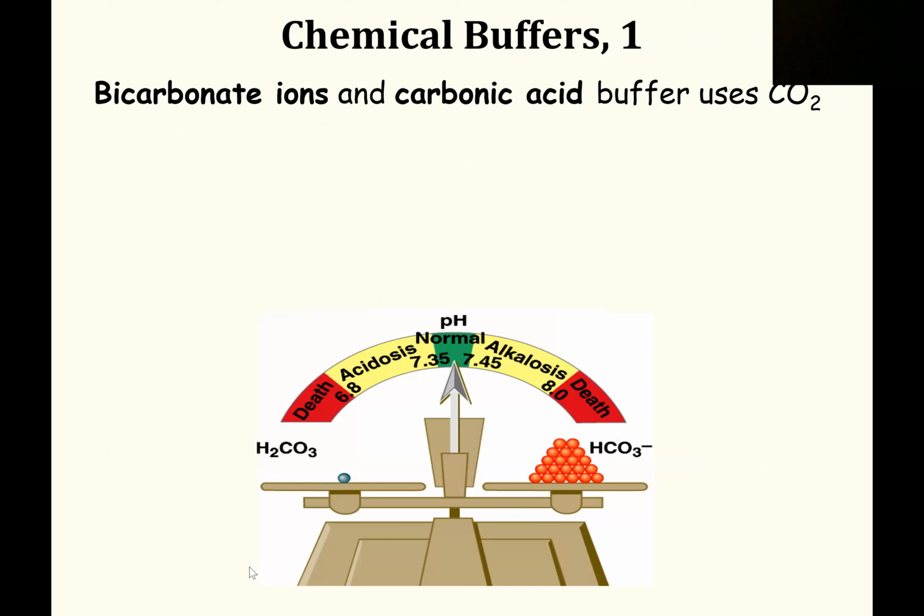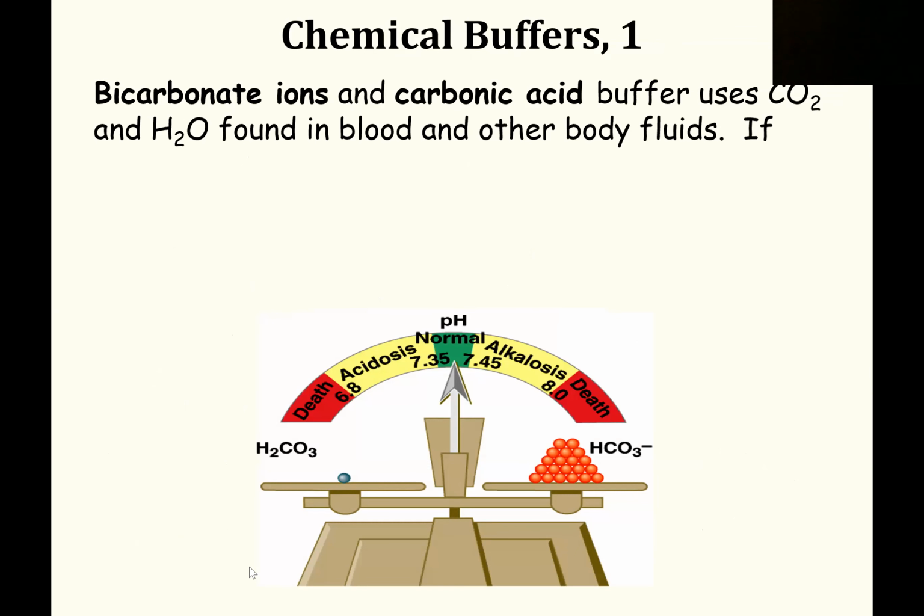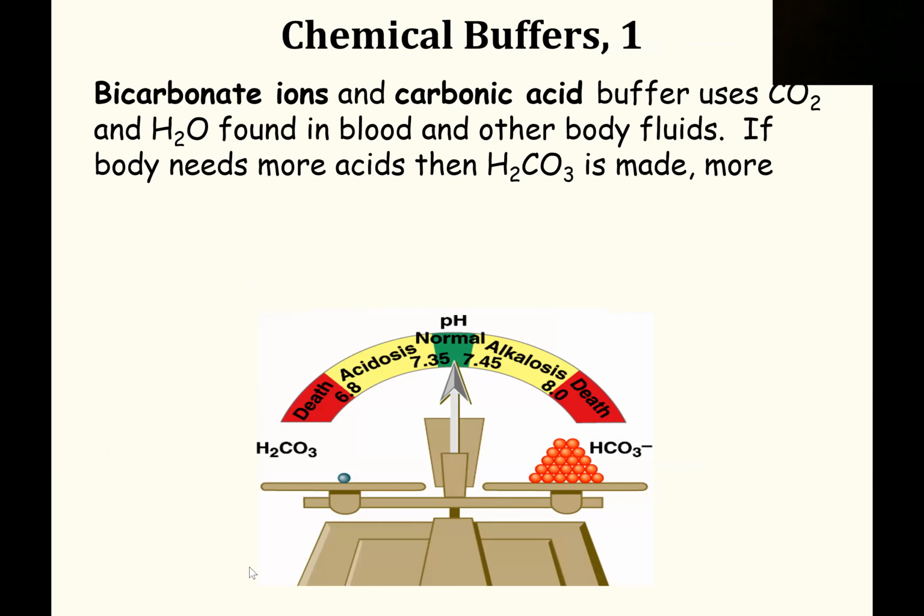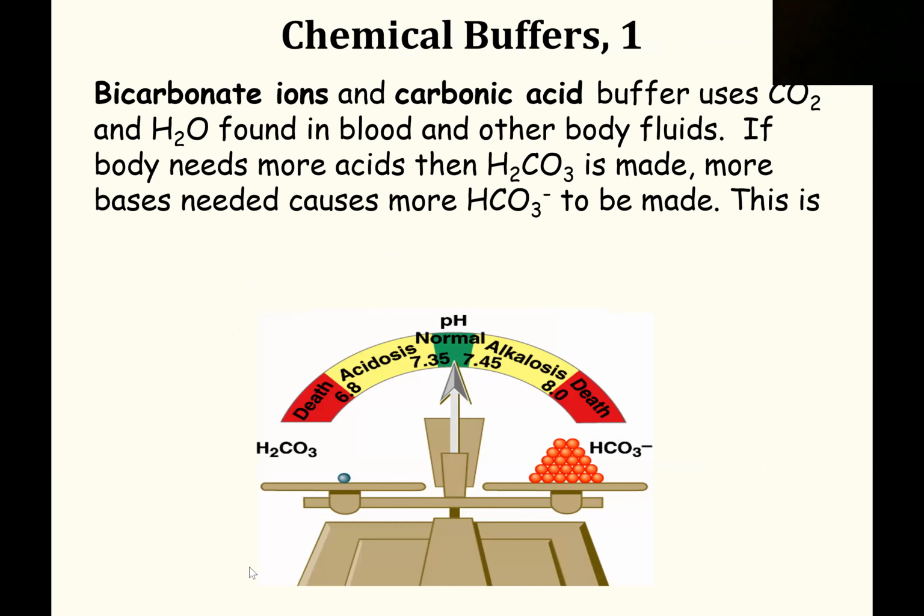Bicarbonate ions and carbonic acid buffers are going to use carbon dioxide and water, which we have lots of in blood and other bodily fluids. If we need more acids, we're going to make carbonic acid. If we need more bases, we make bicarbonate.